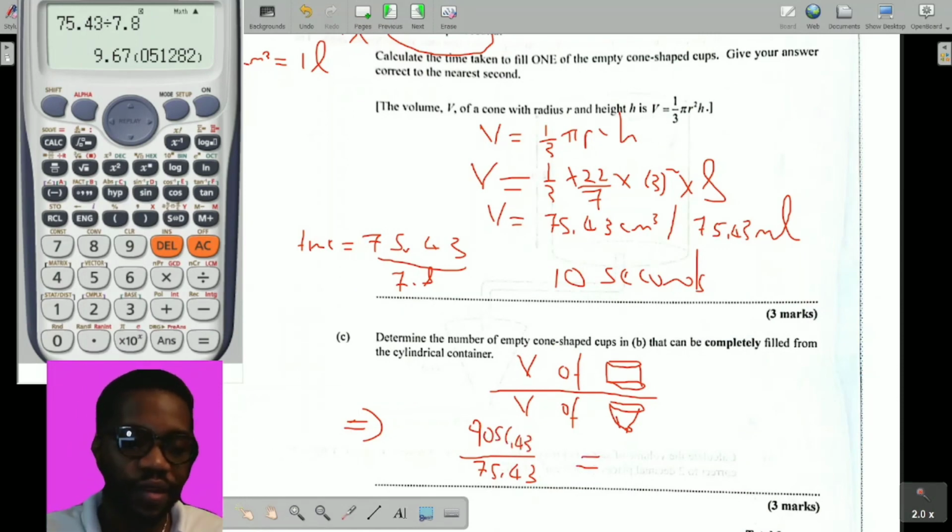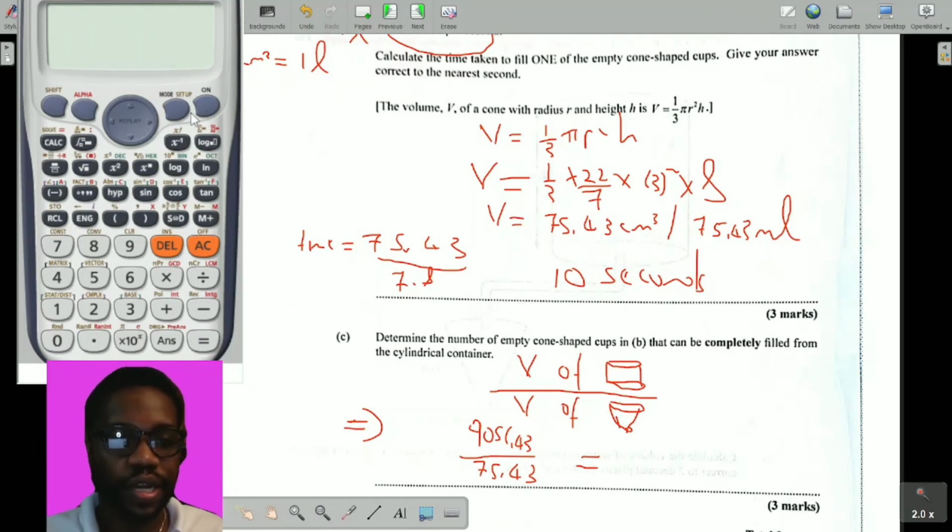Once again, this is one for the calculator. Alright, so I'm going to have 9,051.43 divided by 75.43 equals.